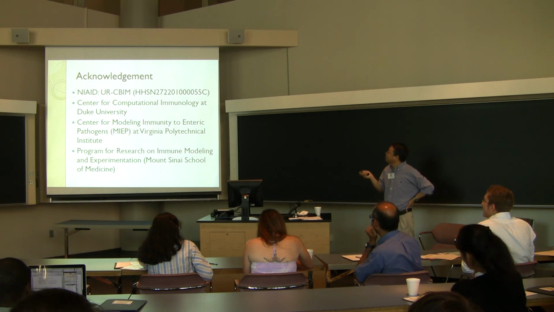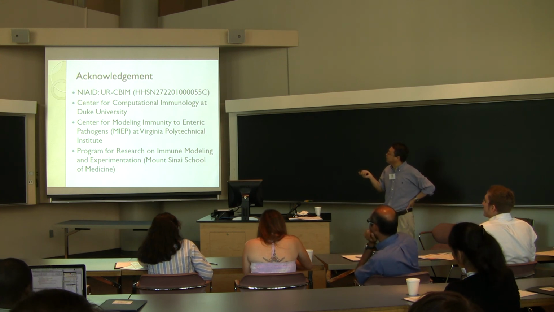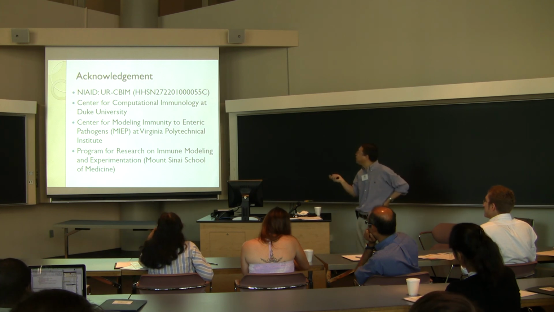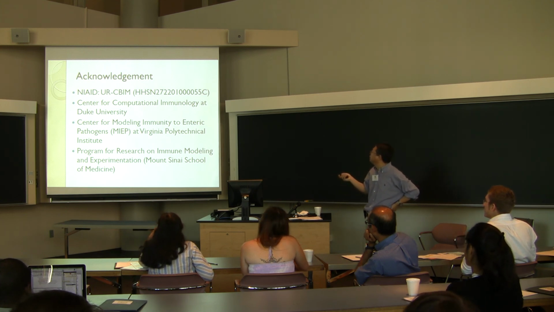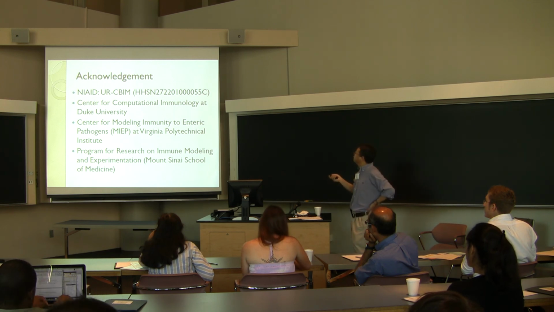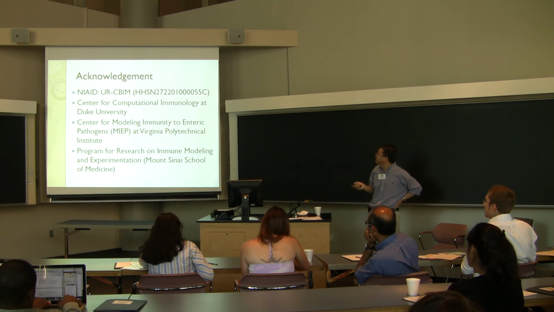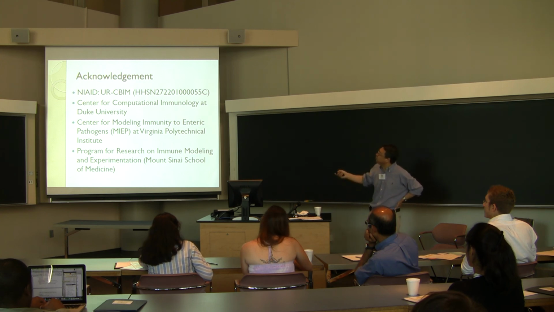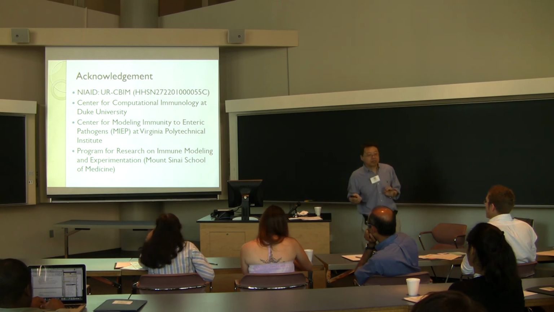And also, besides Rochester, we have 3 other centers. The Center for Computer Immunology at Duke, I think right now they moved to Boston, and another, the Center for Modeling Immunity to Enteric Pathogens at Virginia Polytech, and also another program at Mount Sinai. They call it the Program for Research on Immune Modeling and Experimentation. So these are the 4 centers for this biodefense immune modeling.